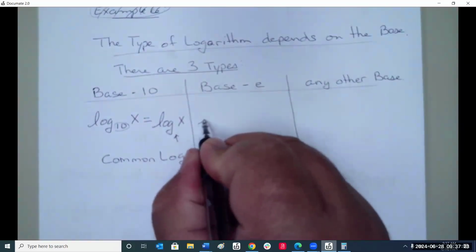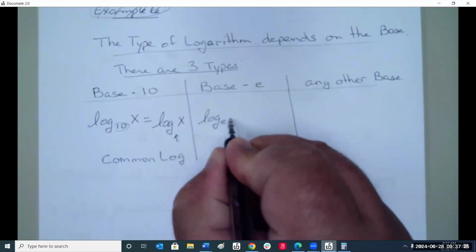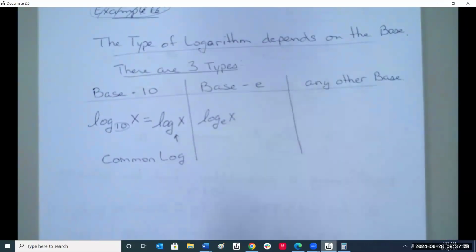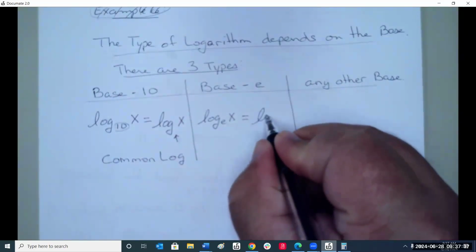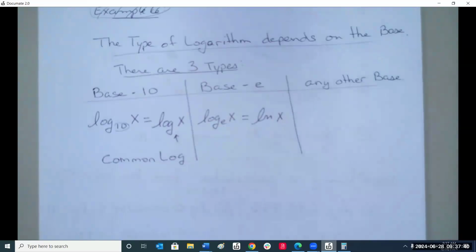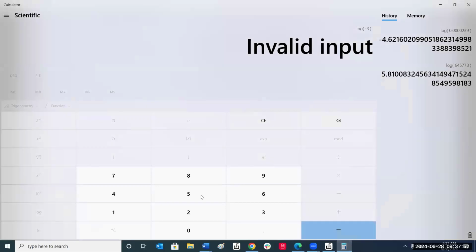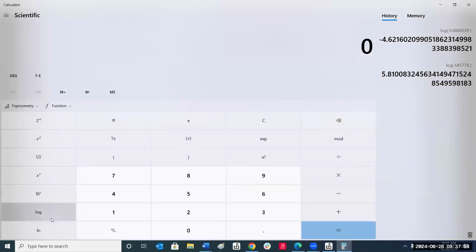If it's base E, remember, E is that constant number, 2.718. So if it's log base E, then we'll write ln. Remember, on our calculator, we have log and we have ln.